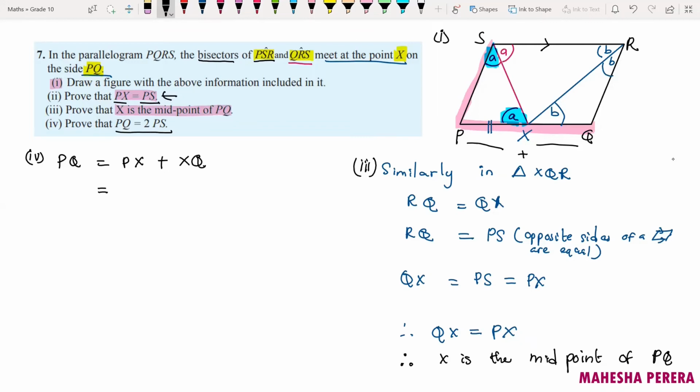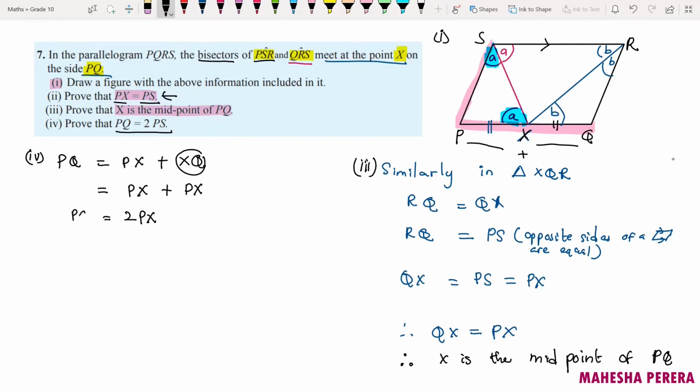And we know that PX equals XQ because X is the midpoint, right? So instead of this XQ, I can again write PX. So PX plus PX means 2PX.